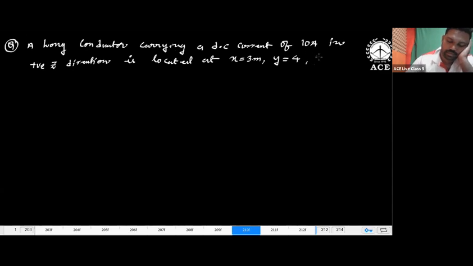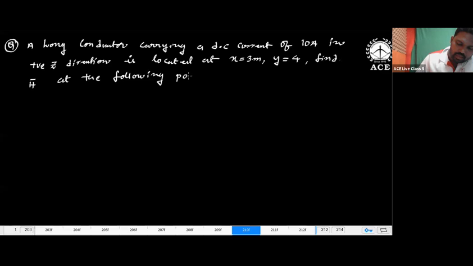Find H vector at the following points. Question A: 0, 0, 0.